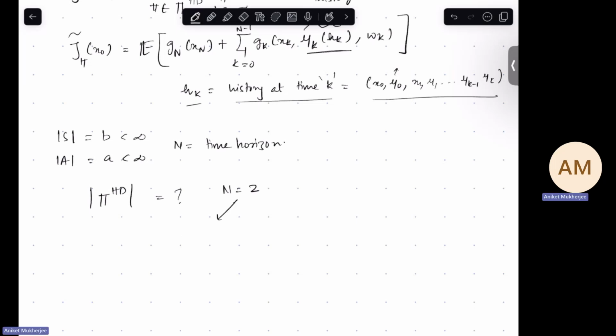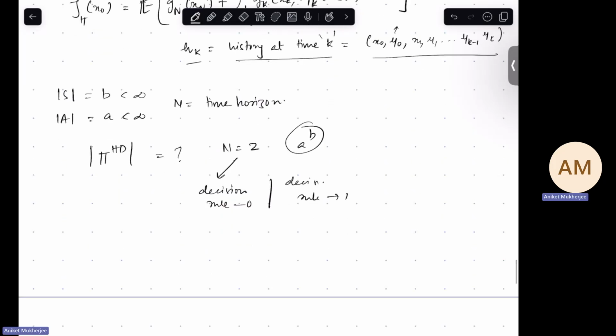If n equal to 2, you have decision rule 0 and decision rule at 1, right? And each time you get a power b in the same way. This is ab, but in the second time instance, you get ab whole square.